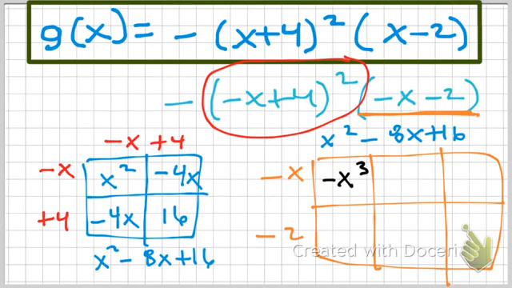Robert, negative x times negative 8x. Robert, negative x times 16. Negative 16x. Sophia, x squared times negative 2. Let's see, negative 2 times negative 8x. Janet, negative 2 times 16.